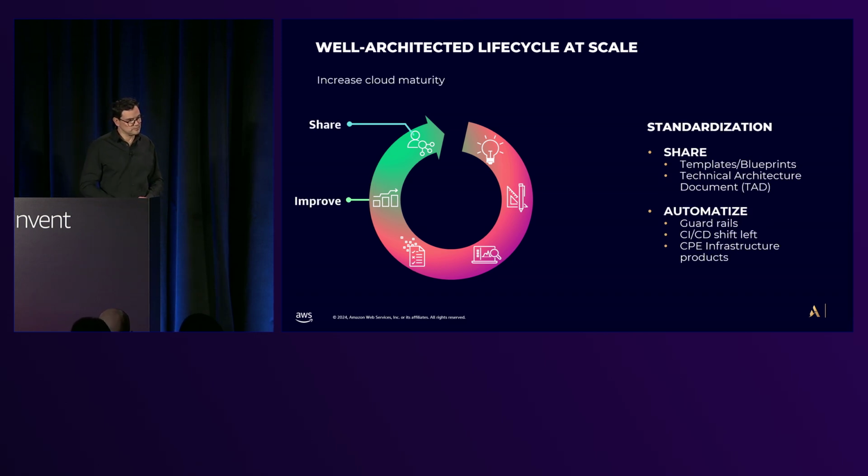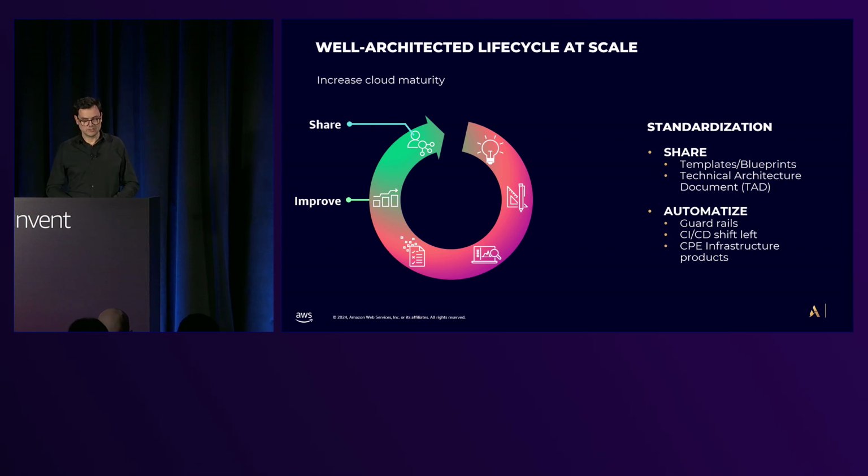So now, improvements through standardization. What are the deliverables? We want to increase our cloud maturity each time. So sharing some new or updated templates, blueprints, and also our technical architecture document.